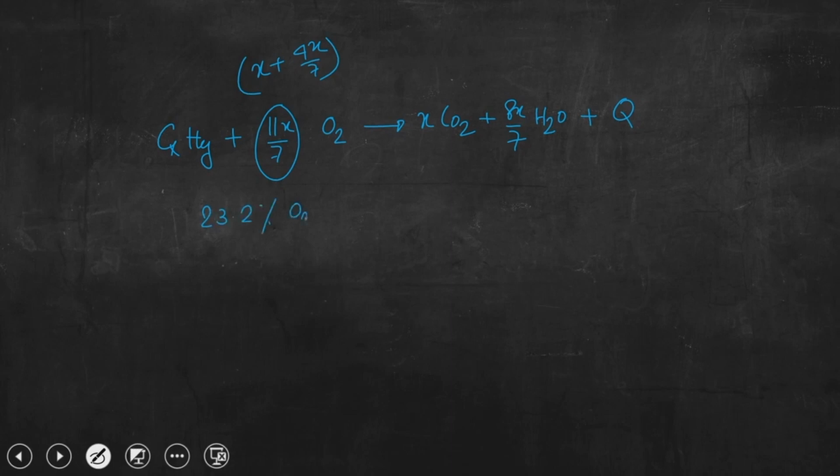23.2% oxygen is present. That means, if we consider 1 kg of air, 0.232 kg of oxygen is available in 1 kg of air.